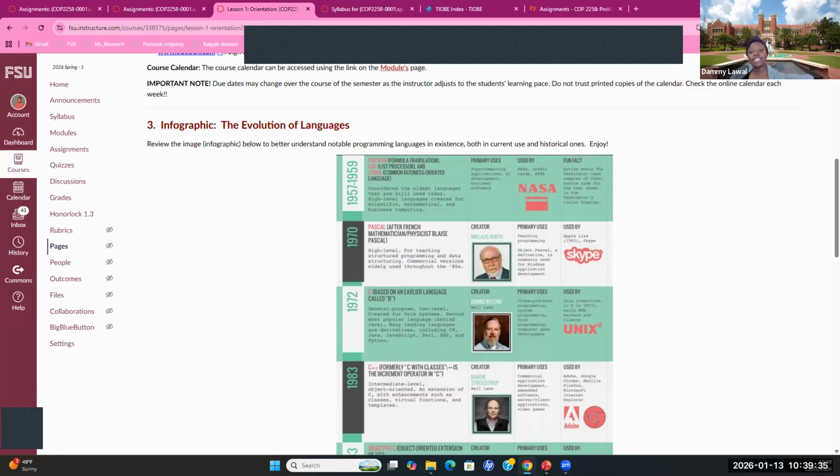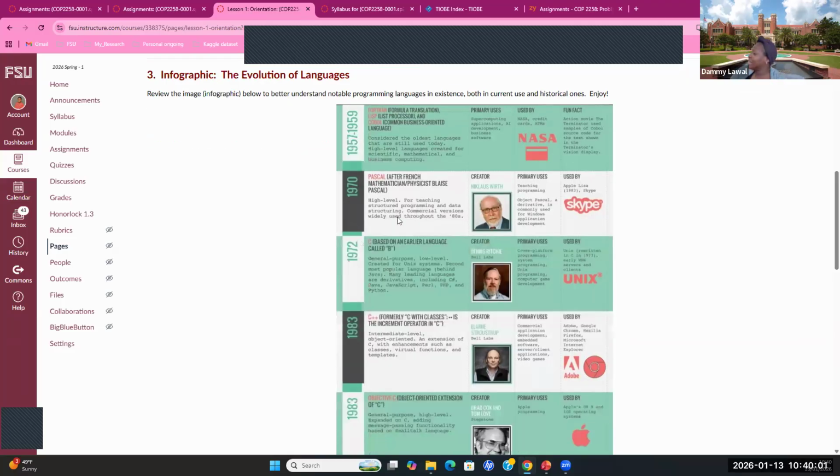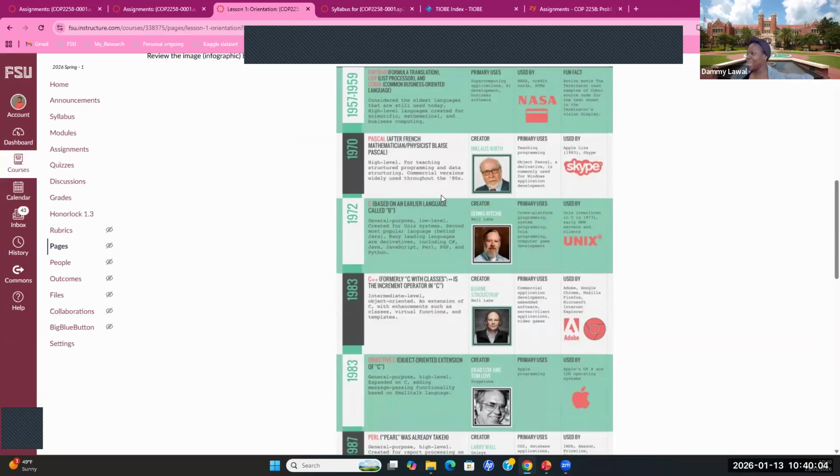So programming language has been evolving for over 70 years. Each language was created to solve a specific problem. As we just discussed, computing programming is all about solving a problem. If we see from 1957, from what we have here, you can see Fortran and COBOL, which was used for military purposes, for the government.